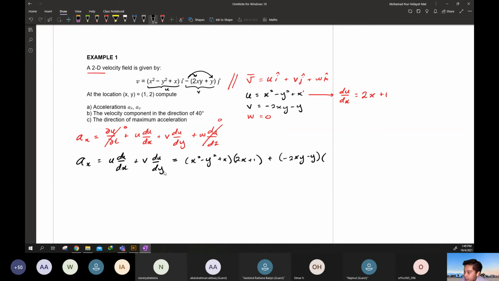And du over dy, what's the value? Minus 2y, minus 2x minus 1.